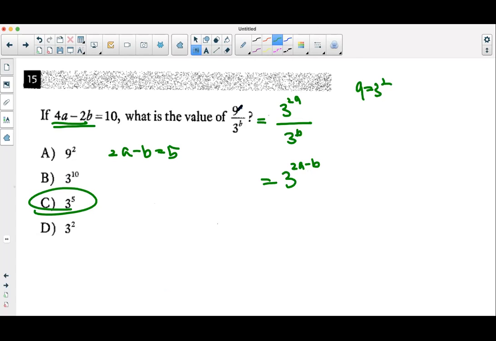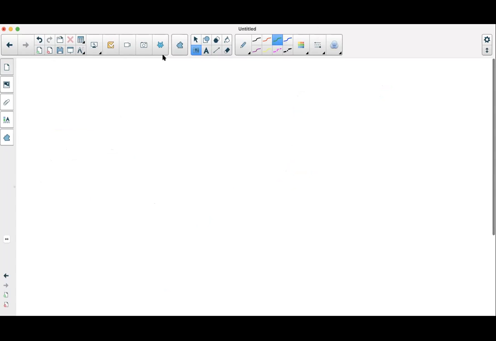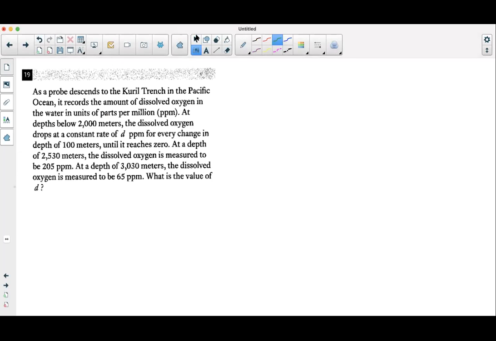Number 19. All right, number 19 was asked by many students. Okay, let's see if the answer key was wrong or something. We'll see about that.